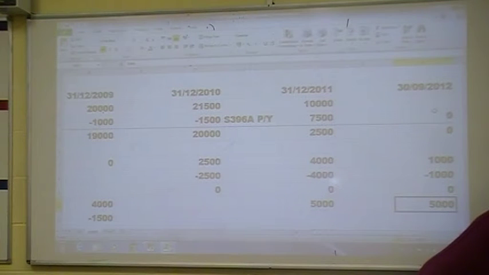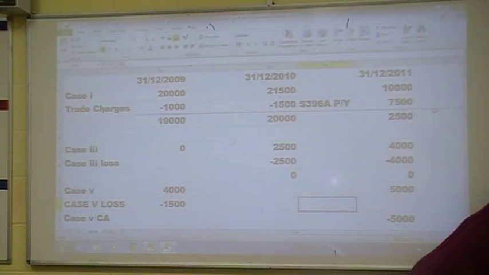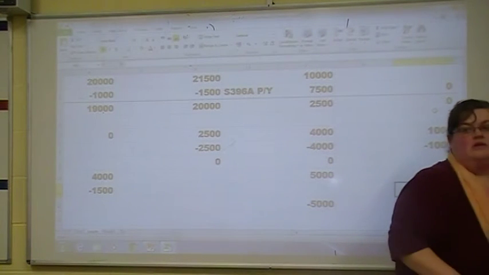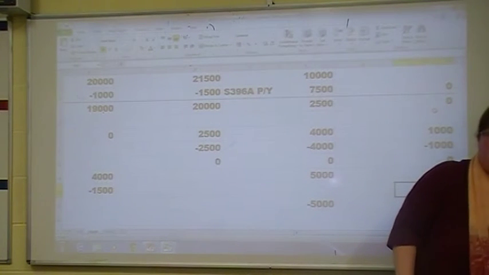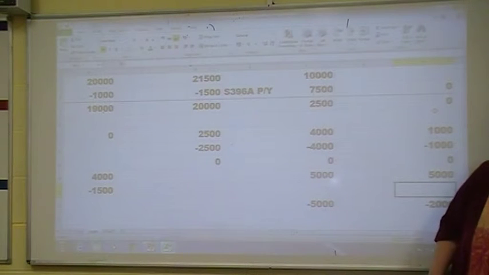And I actually have another case 5 capital allowance there, so you have 2,000 euro which I can utilise in that particular year. Yeah, 2,000, that's from here, the actual year itself. Which leaves me with 3,000 euro worth of case 5, doesn't it?